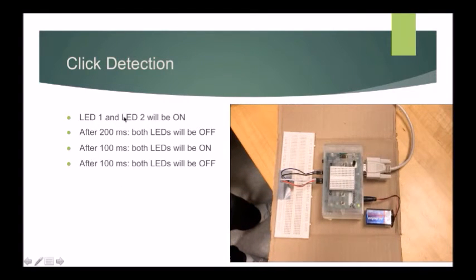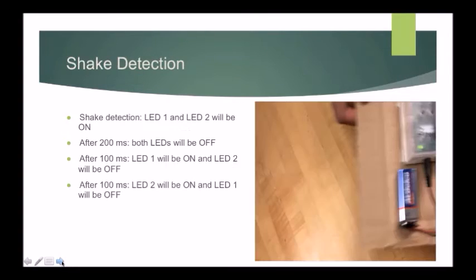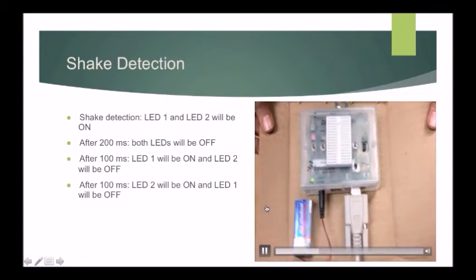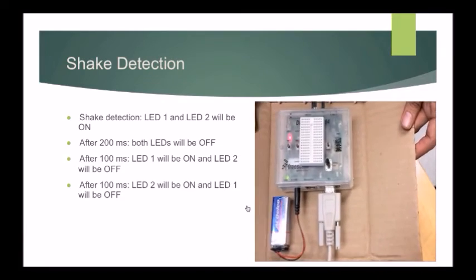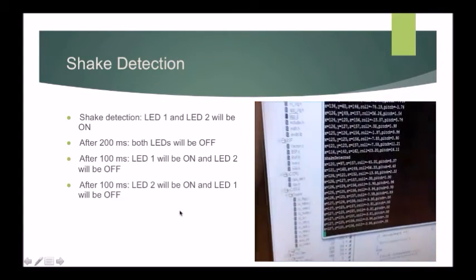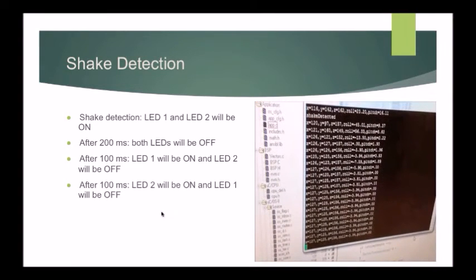It will be like some sort of blink over here. And for shake, there will be a variation in all three directions. So when there is a considerable change in all x, y and z values, then it will be detected that it is a shake.